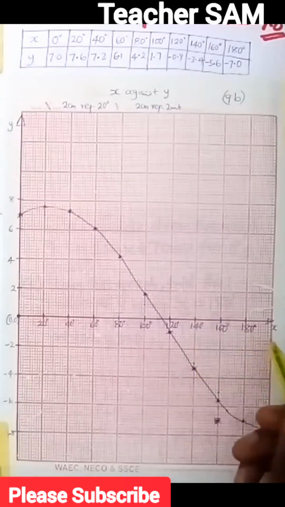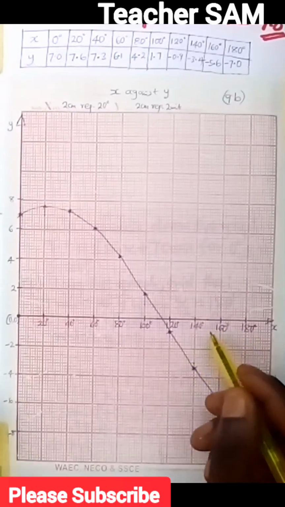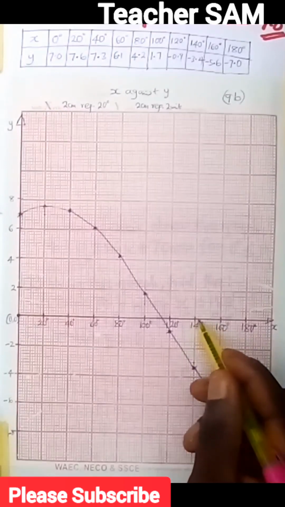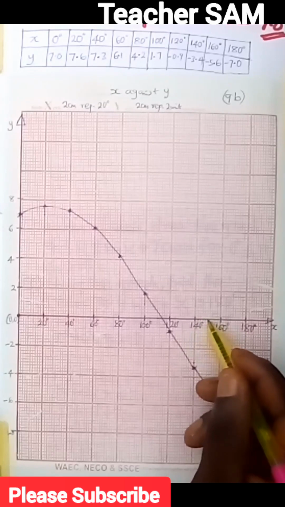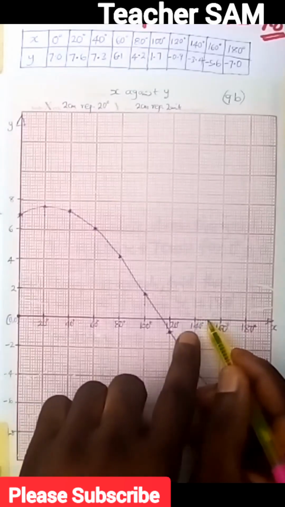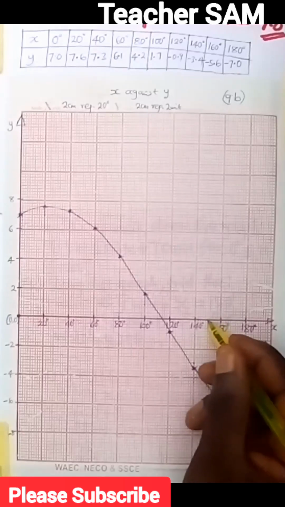So we have that 10 degrees. So each line is 2 degrees. If I count each of them here, 2, 4, 6, 8, 10. Have you seen that? So 10 plus 140, I will have 150. So this is my point 150.